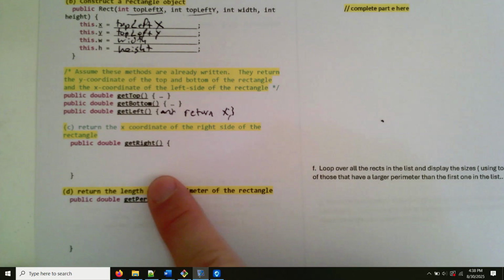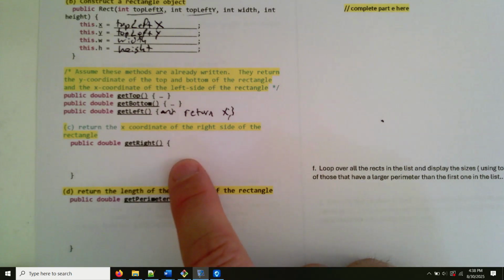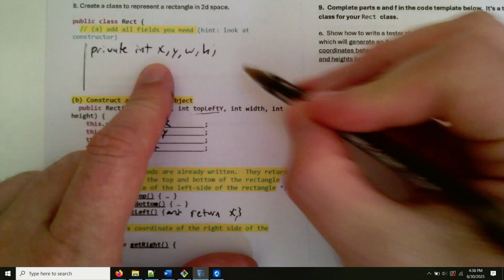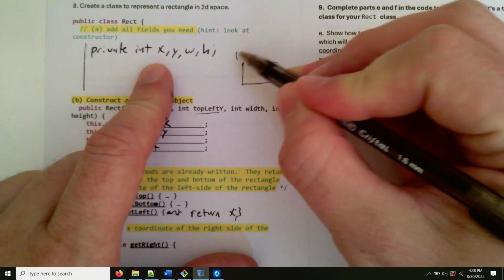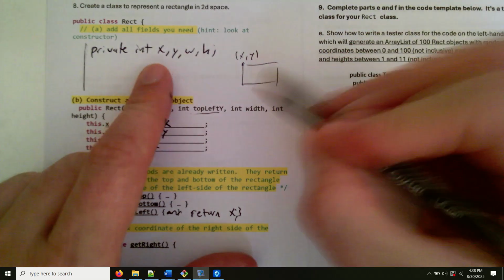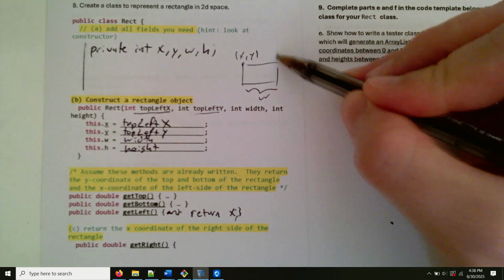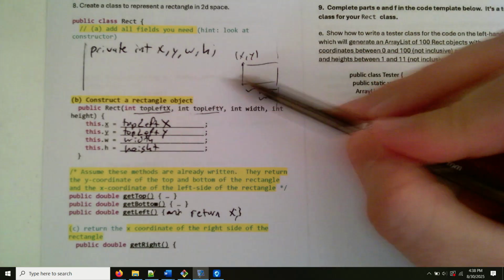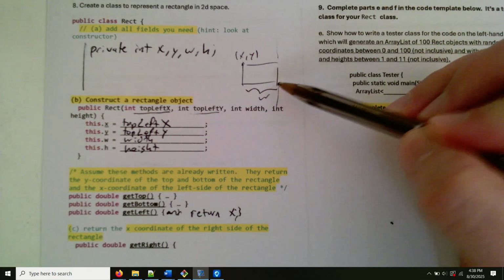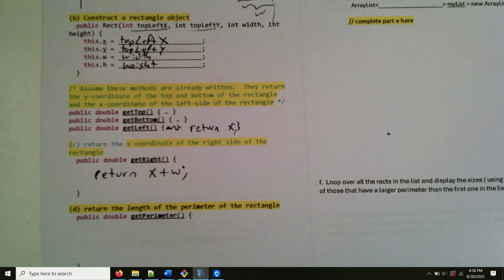GetRight, we don't have a single variable that stores the coordinate of the right-hand side of the rectangle, but we can calculate it based on the variables we have. If you imagine a rectangle where this is the xy coordinate, and then this is the width, you can see that the right-hand side of the rectangle should be the x coordinate of the left-hand side plus the width. So that would be a great answer.